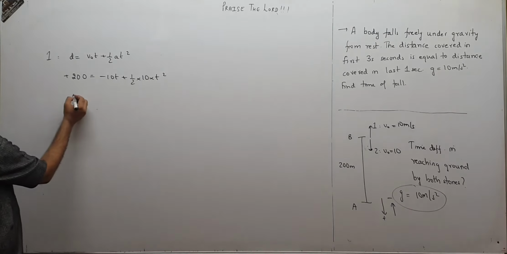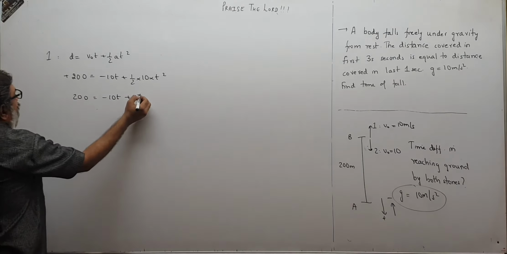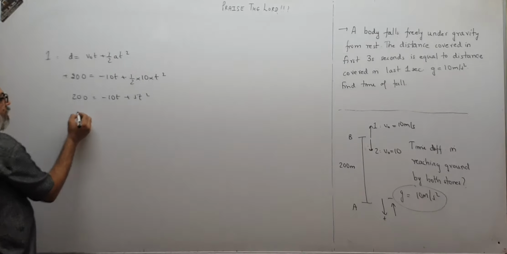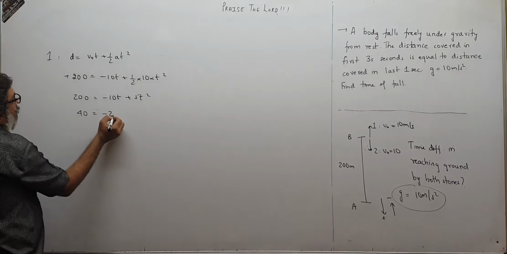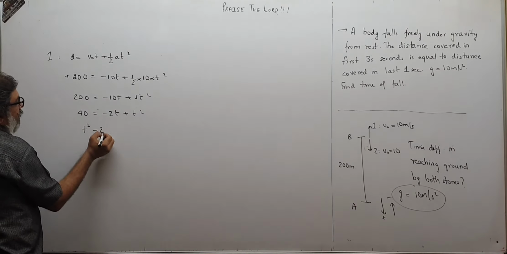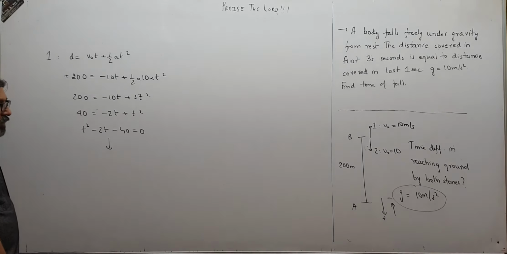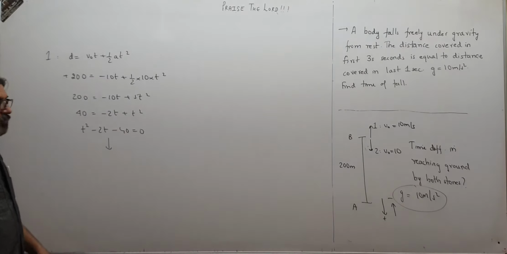So 200 will become minus 10t plus 5t square. Divided by 5, so 40 is equal to minus 2t plus t square. So t square minus 2t minus 40 equal to 0. Solve this to get t.